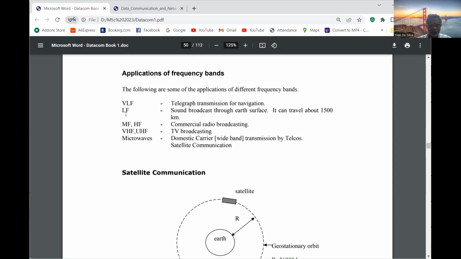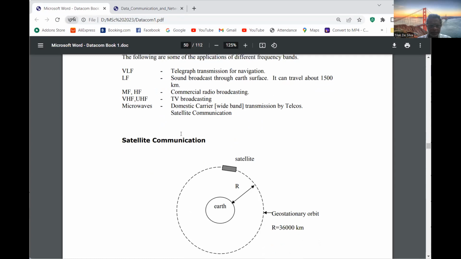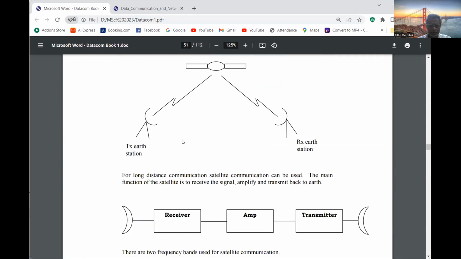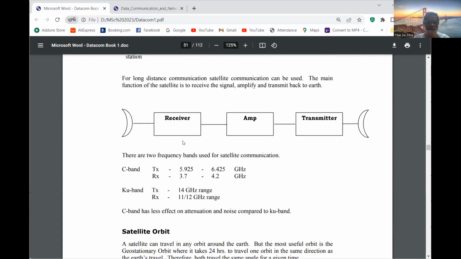That is low frequency. Then you have the medium frequency, MF, and HF, high frequency, which is for commercial radio broadcasting. Then you have VHF and UHF, which are used for TV broadcasting. Then the microwave is used for domestic carrier transmission by telcos. Then the satellite communication. For long distance communication, we can use satellite communication as well as submarine cables, that is, undersea cables.